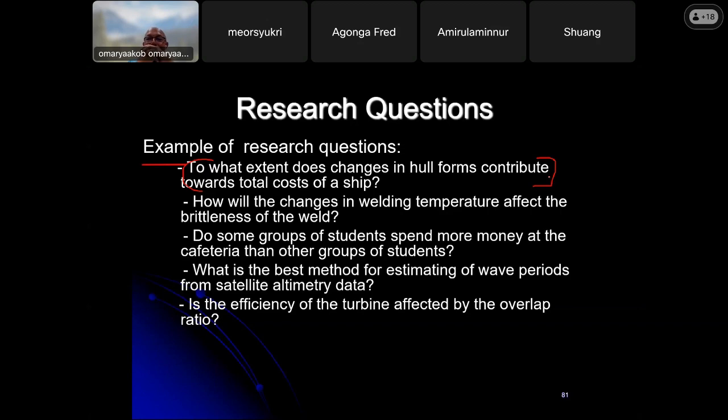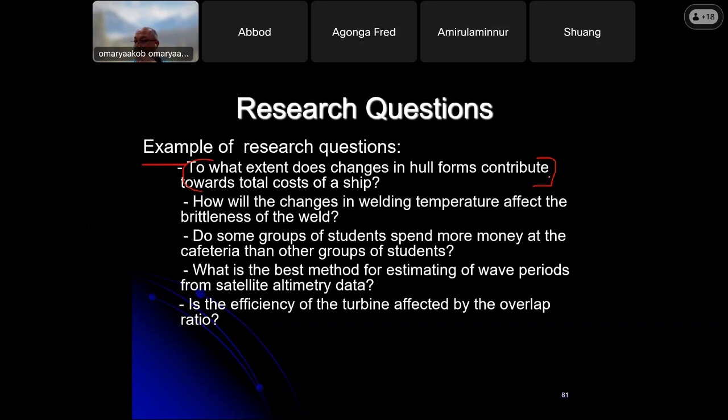To analyze or to research on the contributions made by changes in hull forms towards the total cost of a ship. Right, so you made something to analyze the contribution of changes in hull form towards the total cost. Previously, Amirul said something like to determine the effect of changes in hull form towards the total cost of the ship. Anybody else has any other idea?